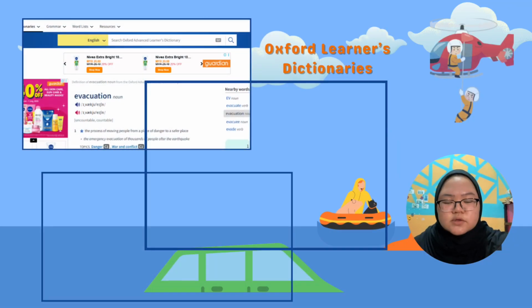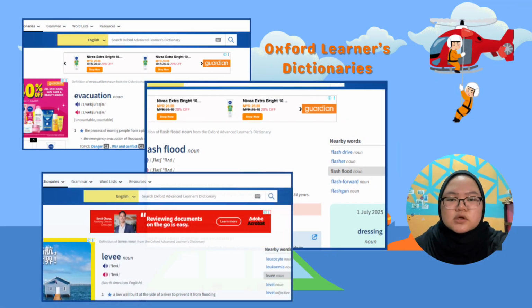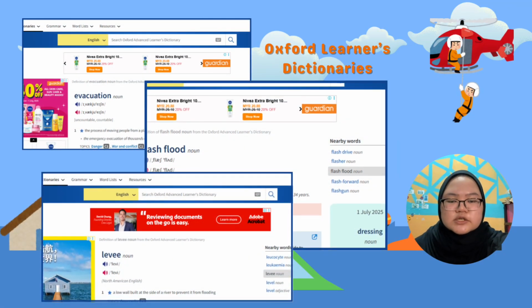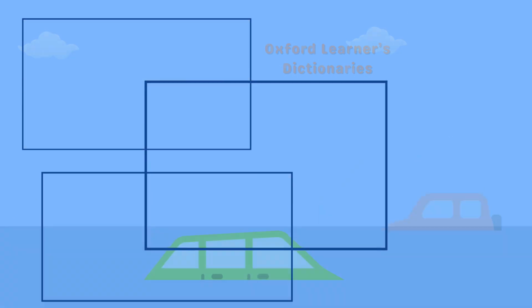For this lesson, we decided to use the online Oxford Learner's Dictionaries so students can easily access the source and find the meaning of each vocabulary word. And these are some of the results that will come out if they search for the vocabulary words.